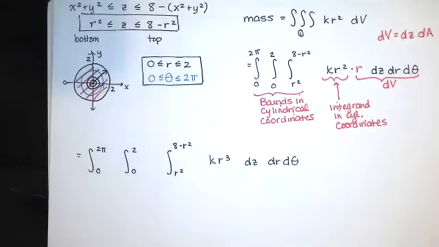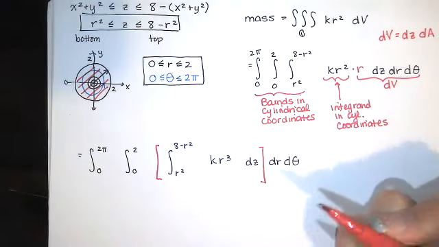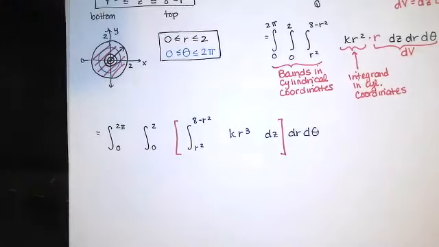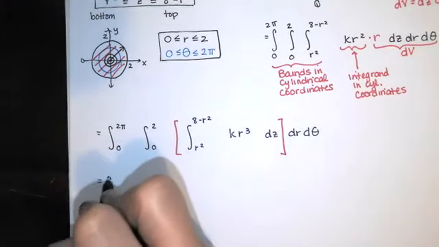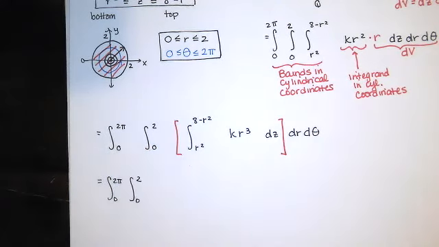Initially, we're just focused on the innermost integral first, and then we work our way out. So this stuff on the outside, I'm bringing it along. I just leave it alone.